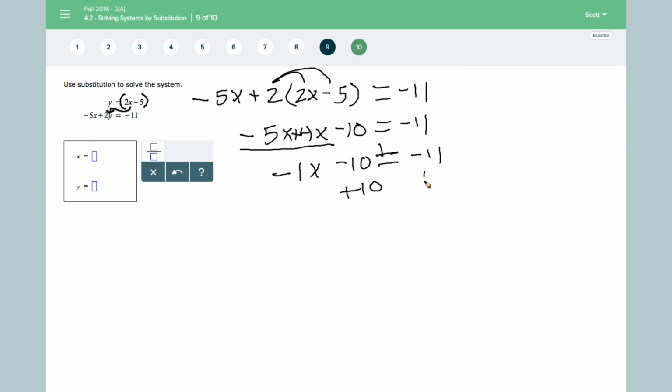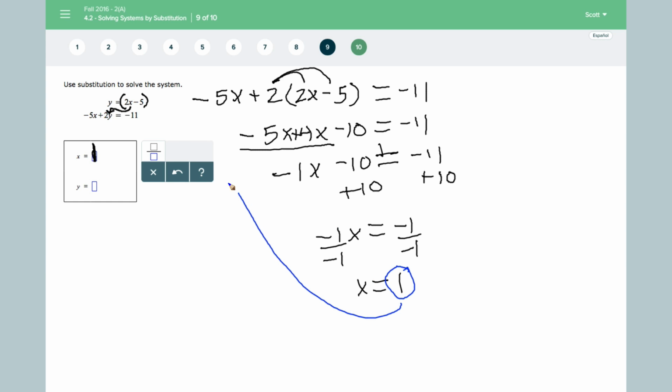So now solve for x. Plus 10, negative 1x equals negative 1. Divide by negative 1. X equals 1. So I'll put that 1 right here. Now I take this 1, plug it right back in to that x right there, because I see that that's what x equals.